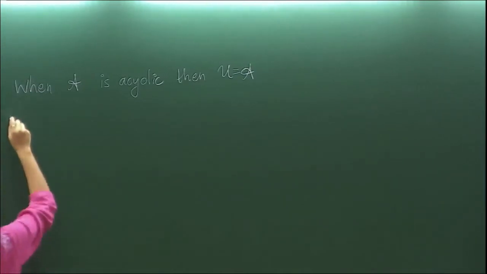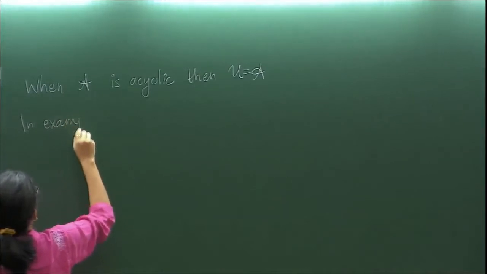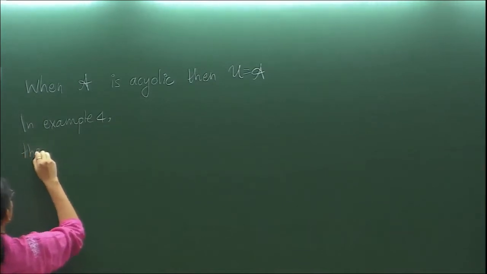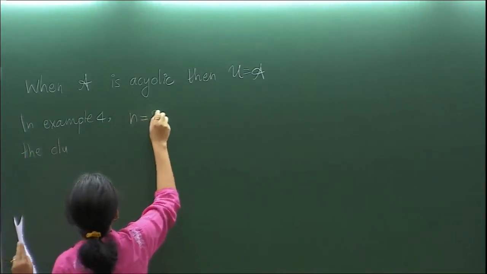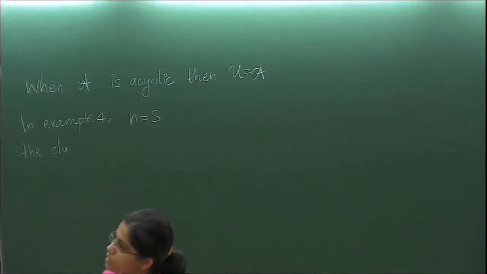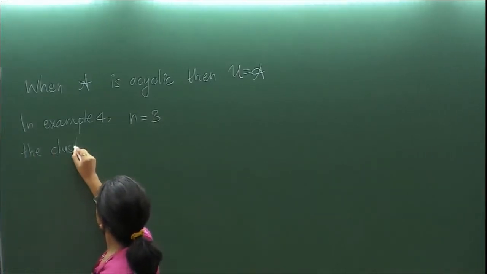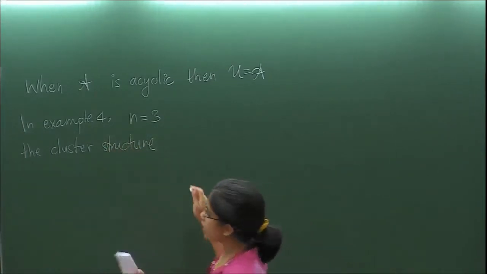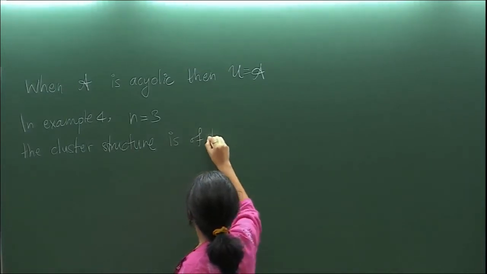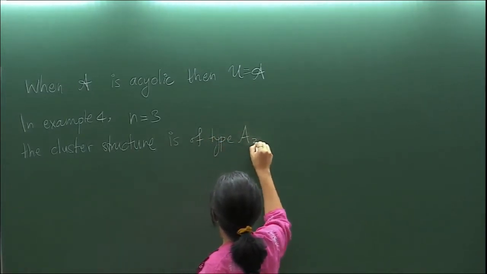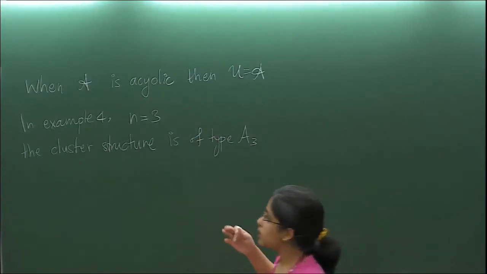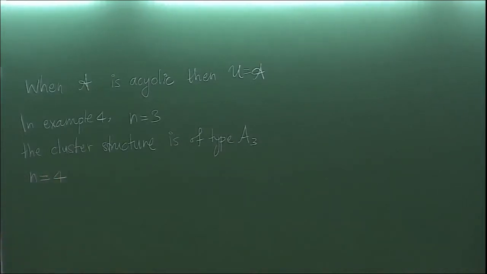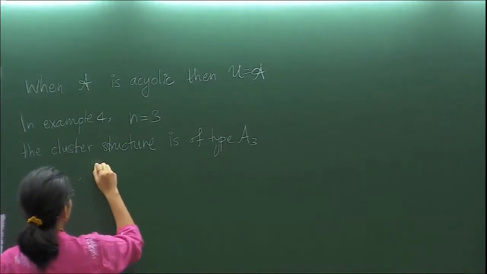So in example 4, if you set n equal to 3, then the cluster structure is of type A3, and so it's not just the upper cluster algebra, it is the cluster structure. If n is 4 in example 4, then it is of type D4.